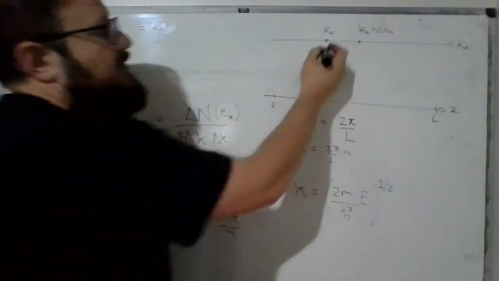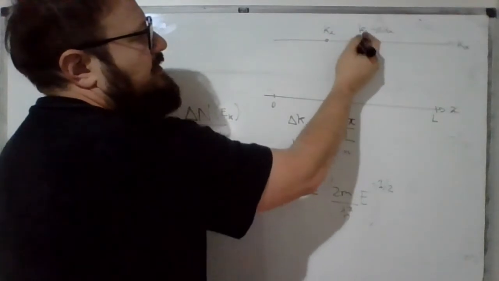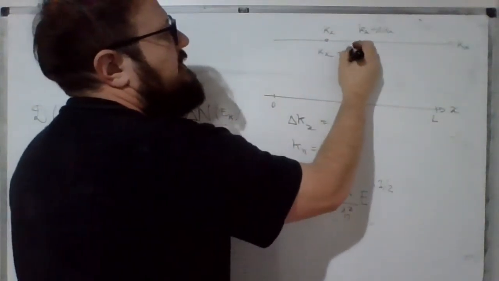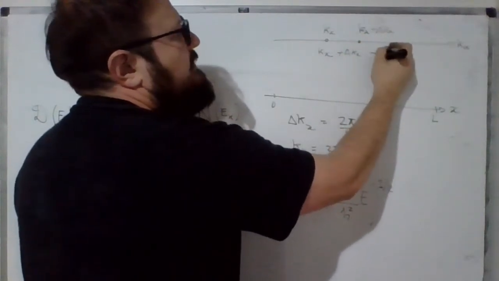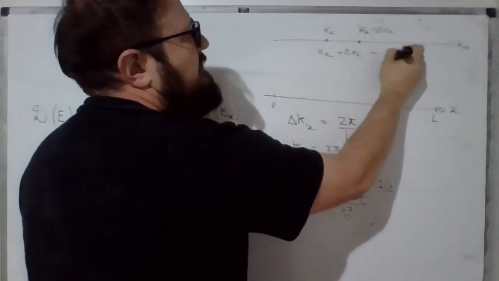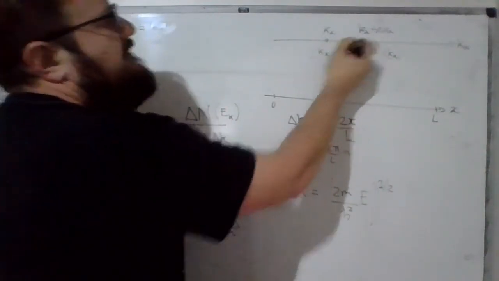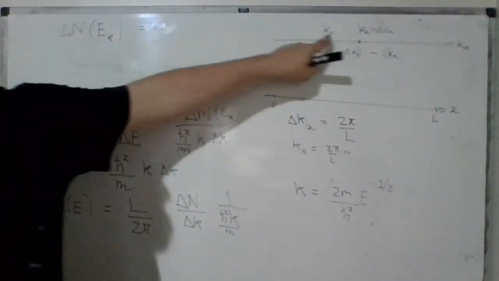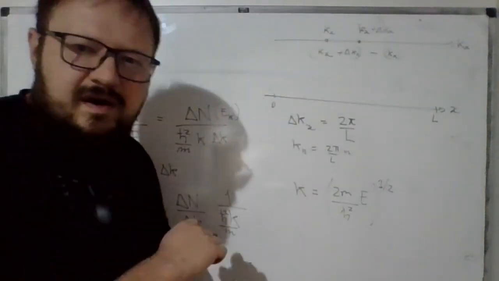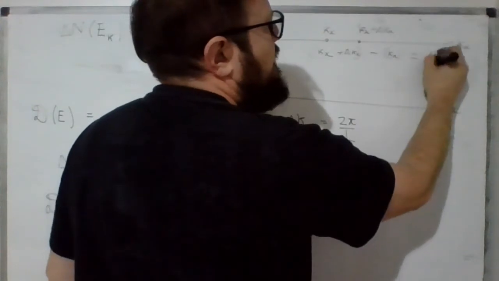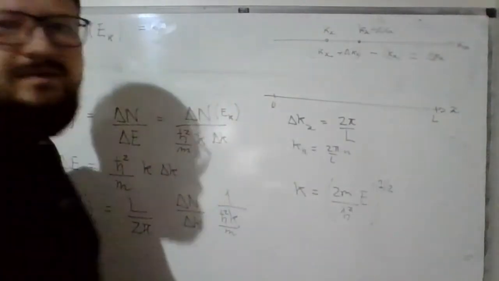So the number of possible states just corresponds to kx plus delta kx minus kx. Okay, I will have all the possible values, all the possible number of states in this line, which corresponds just to delta kx, right? Corresponds to that.